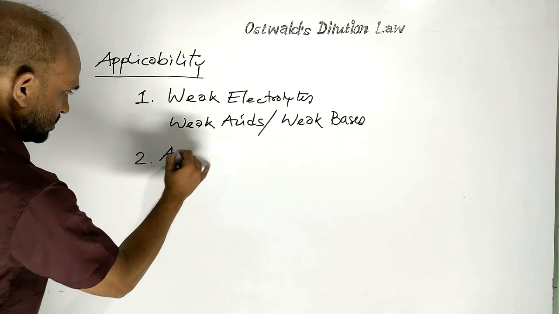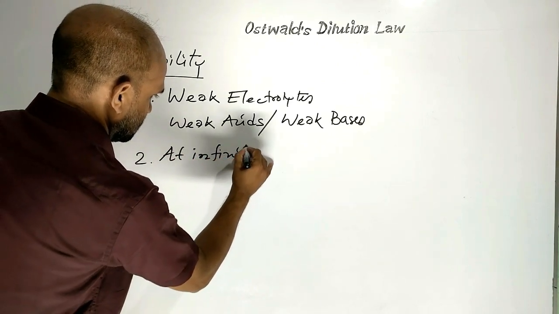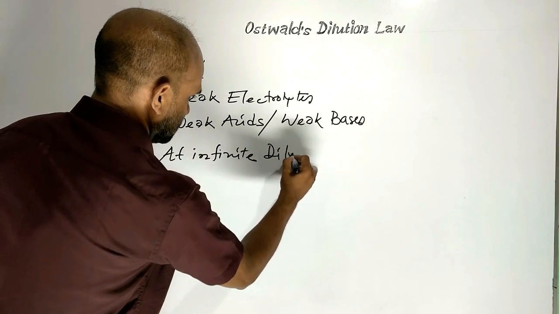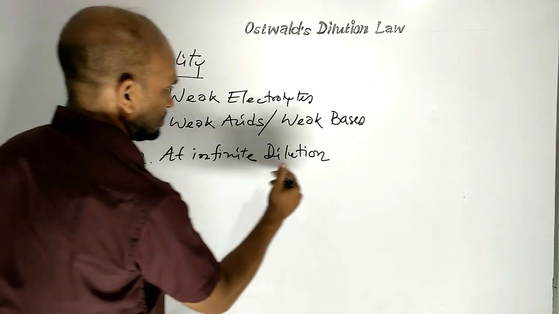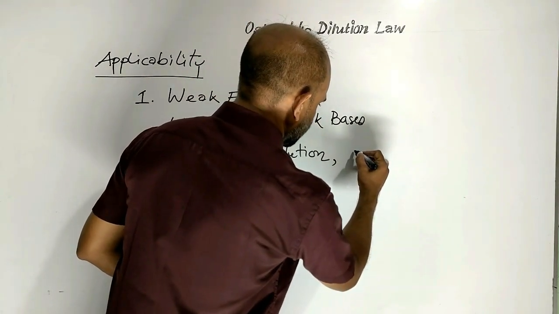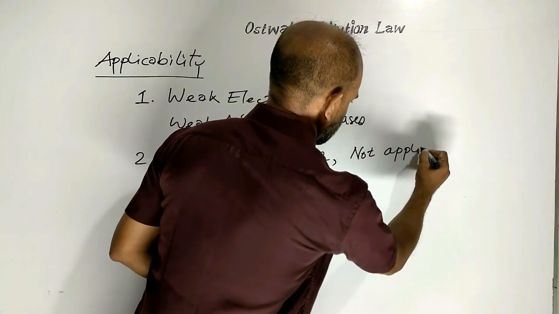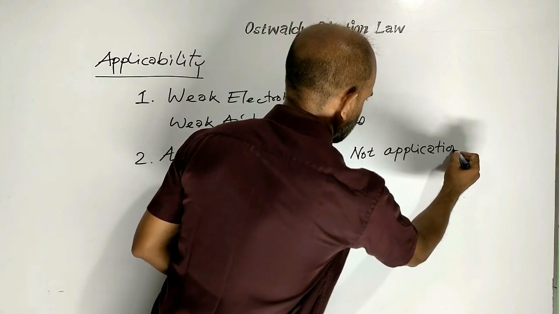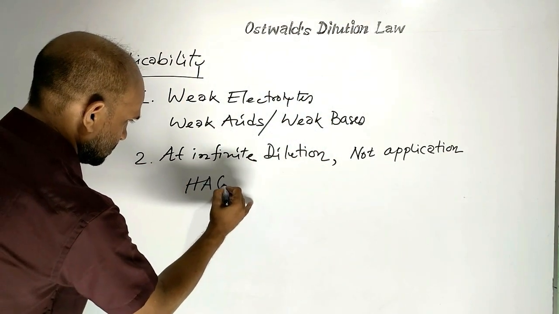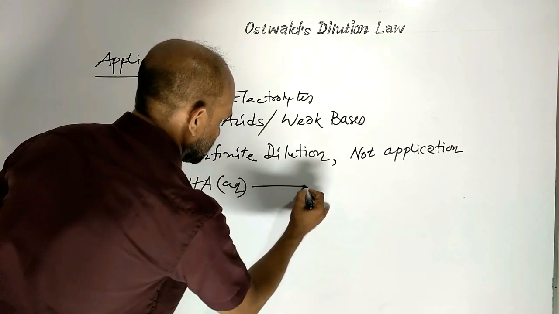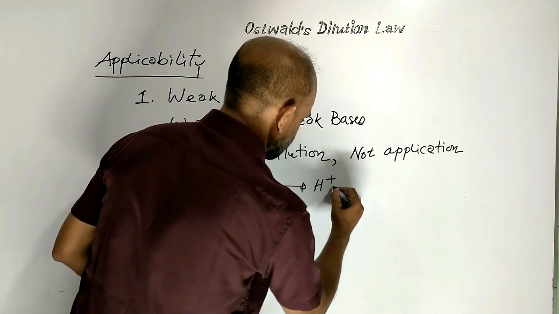Number 2, at infinite dilution, Ostwald's law of dilution is not applicable, because at infinite dilution, the electrolyte ionizes completely.